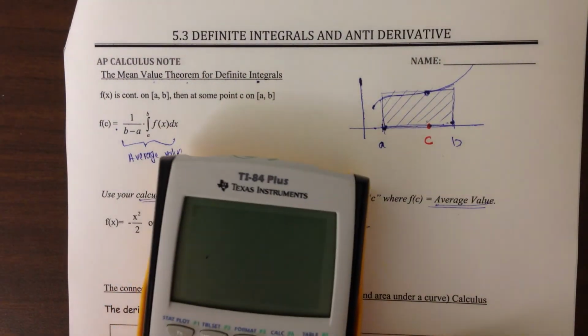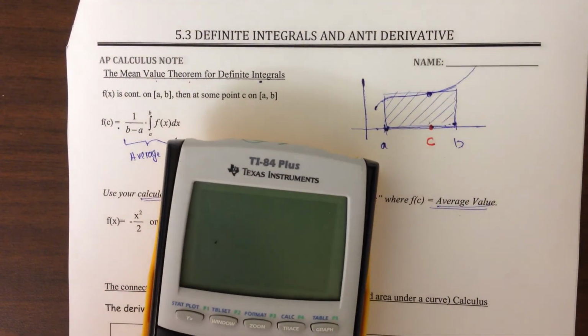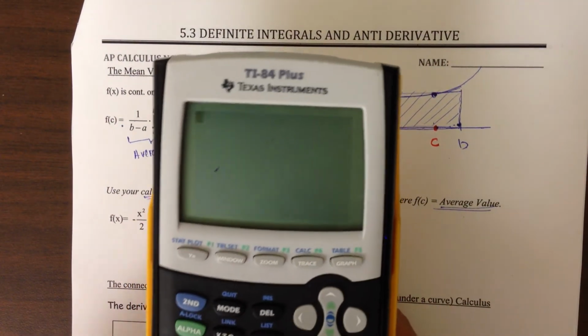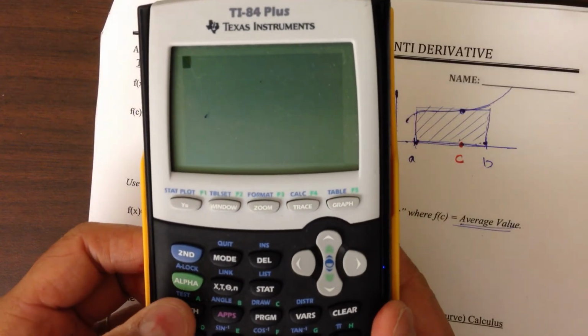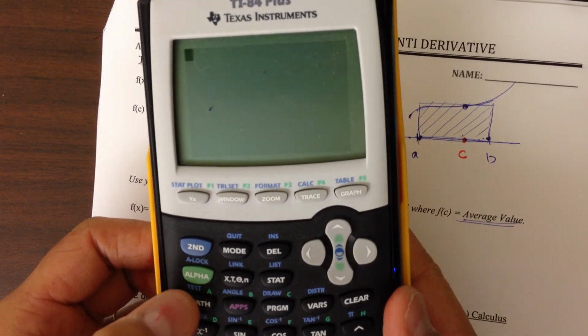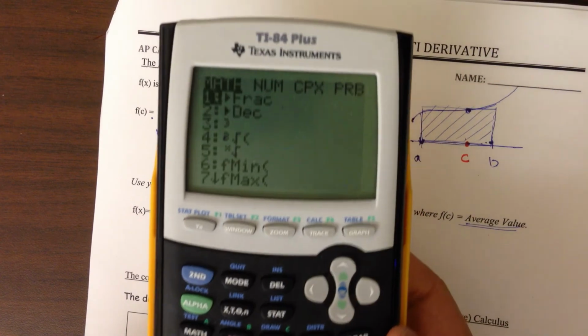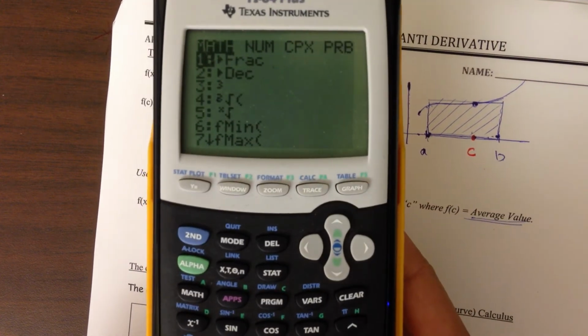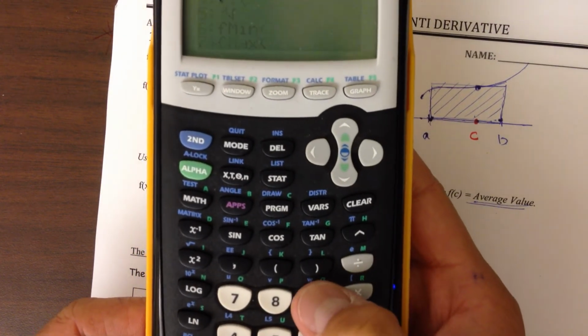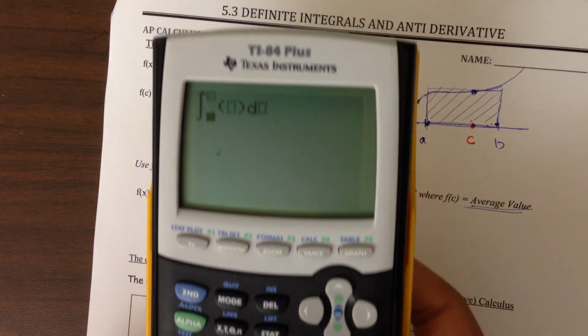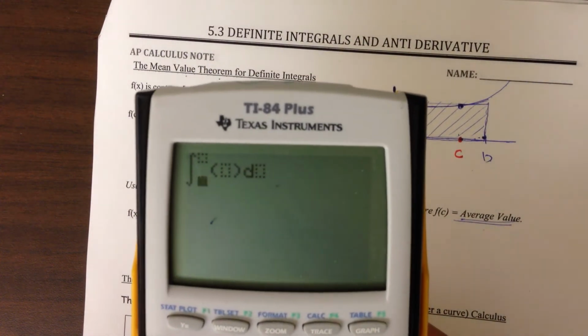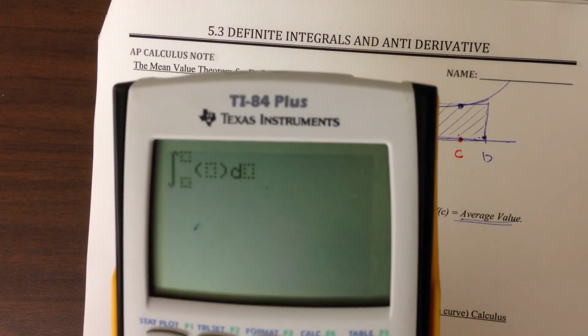The way you would find the area using a calculator is you would push the button math and then choose option 9. Hit the number 9, and this will show up, and then we type our integral.